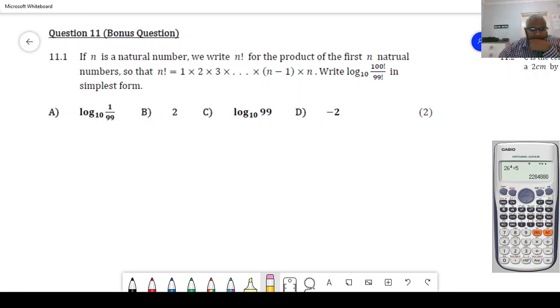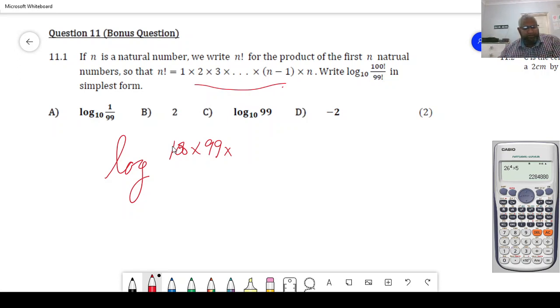So if we look at 100 factorial, it's 100 times 99 times, going the other way around. You can do it either way, we just do it the way that is given here.